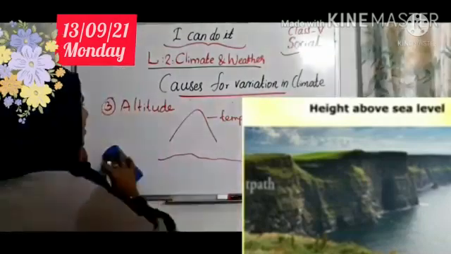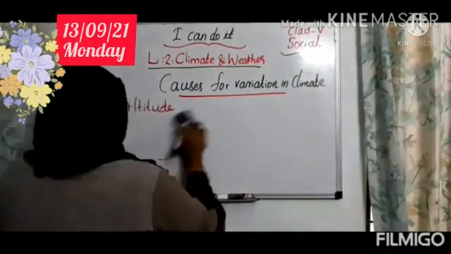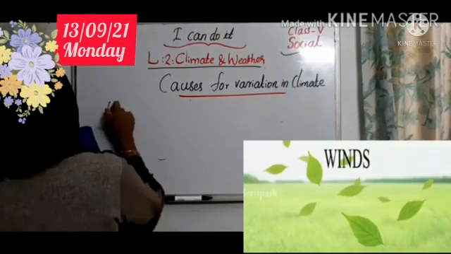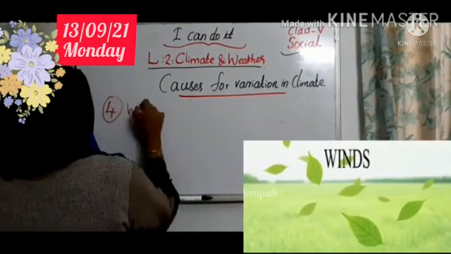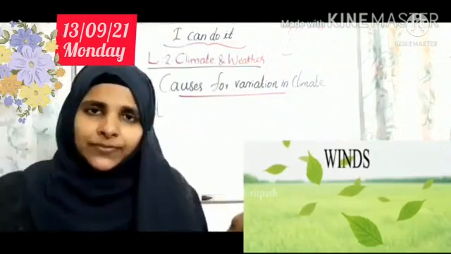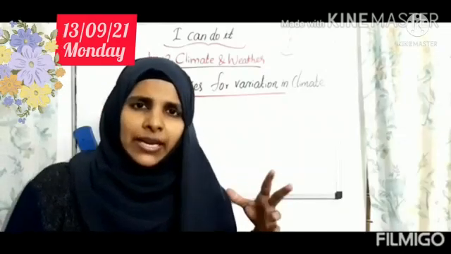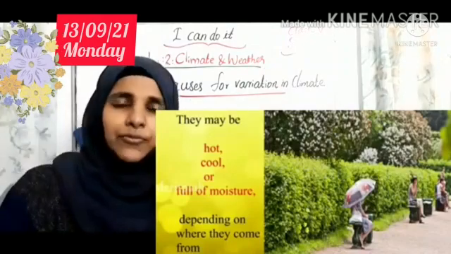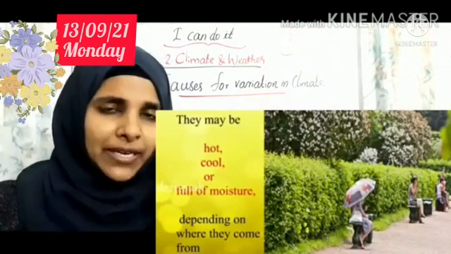Then the next factor is wind. Okay, the fourth factor is wind. We know that wind blows from different regions, right? It may be cold wind or hot wind, or like dust. We can feel that. So wind originates from different places.